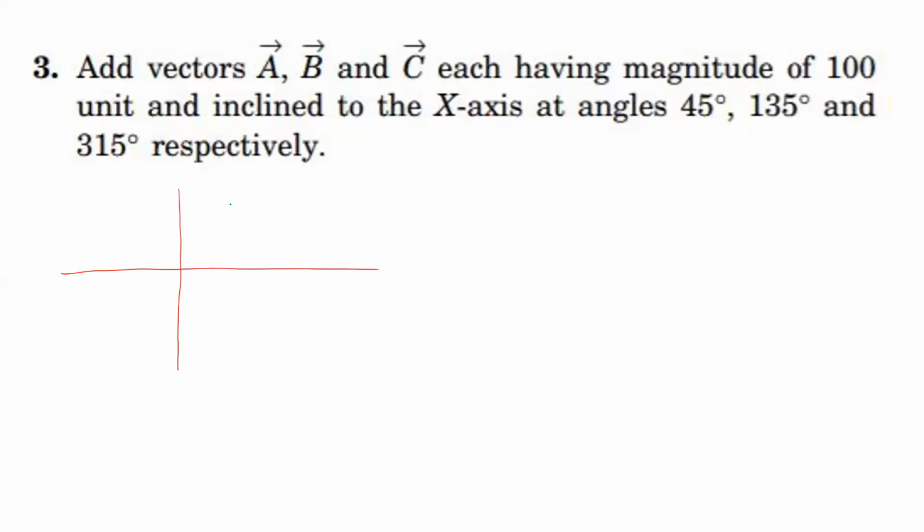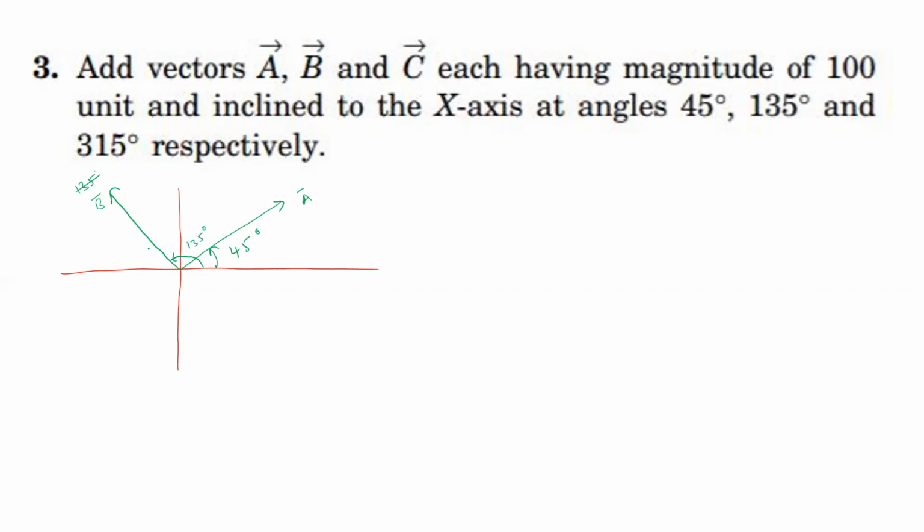So this is the x-axis and y-axis we take. Now let us represent all the vectors. First, the a vector is making angle 45 degree from the x-axis, and the b vector is making angle 135 degree from the x-axis.